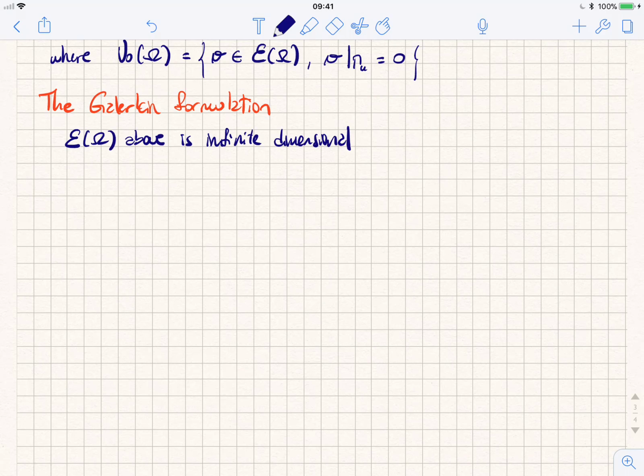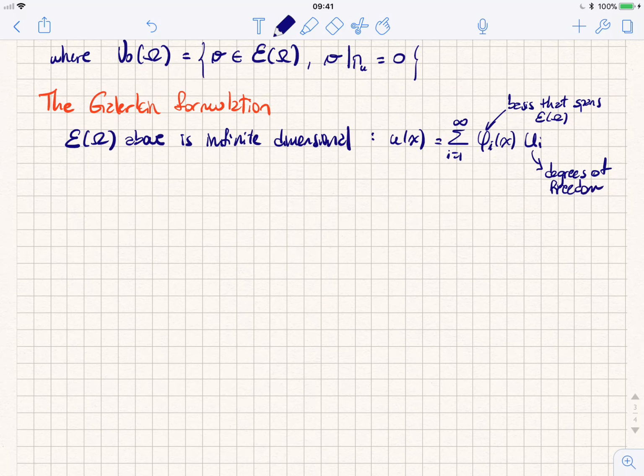Okay? And so that means basically that our solution for the case of the bar can be represented with an infinite number of bases, where this guy here is a basis that spans the energy space and this guy is degrees of freedom.